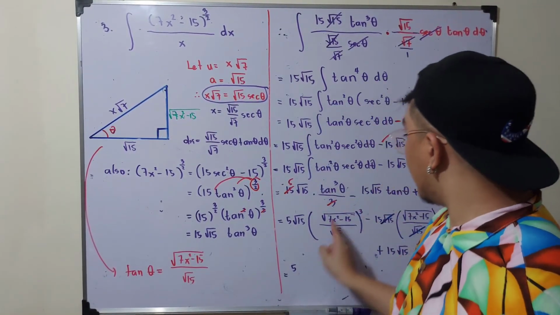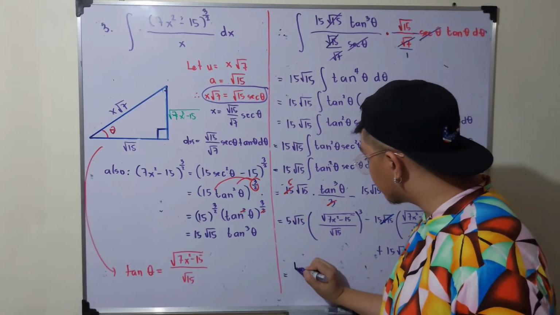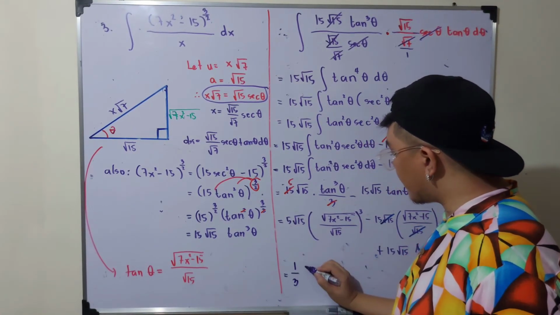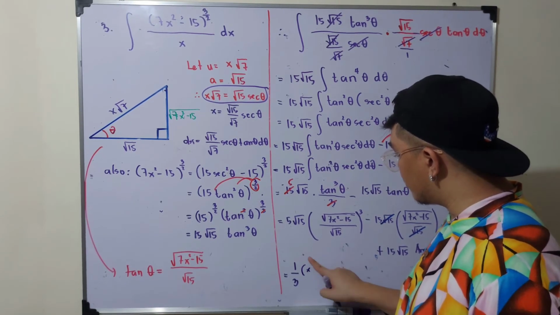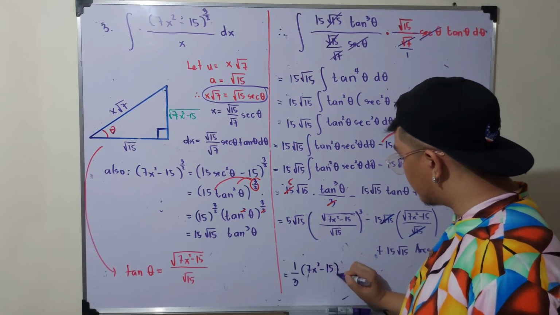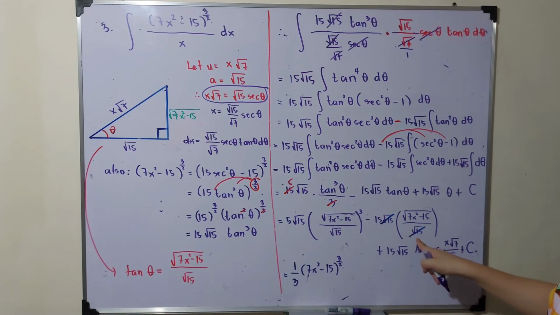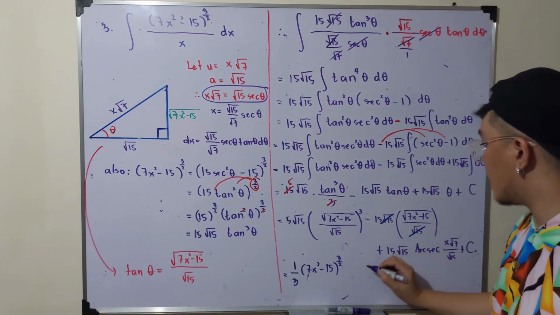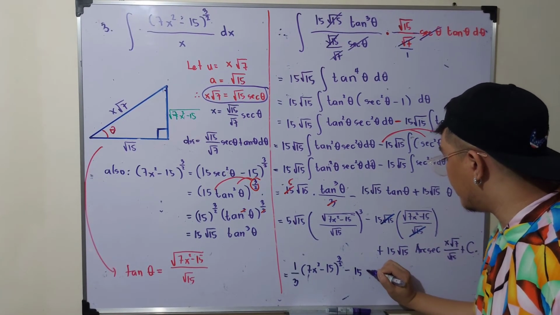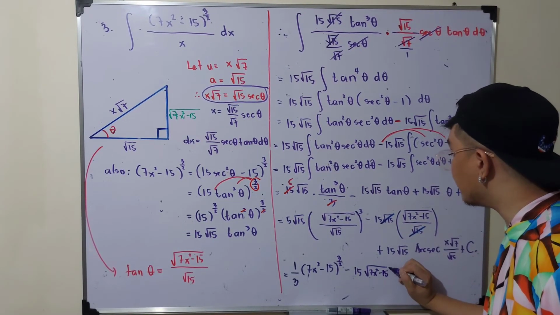Okay, so pag sinimplify natin to, 1/3 na lang yung matitira. Tapos gawin natin fractional exponent to. Okay? Tapos yung susunod, wala nang denominator. So 15 square root of 7x squared minus 15.